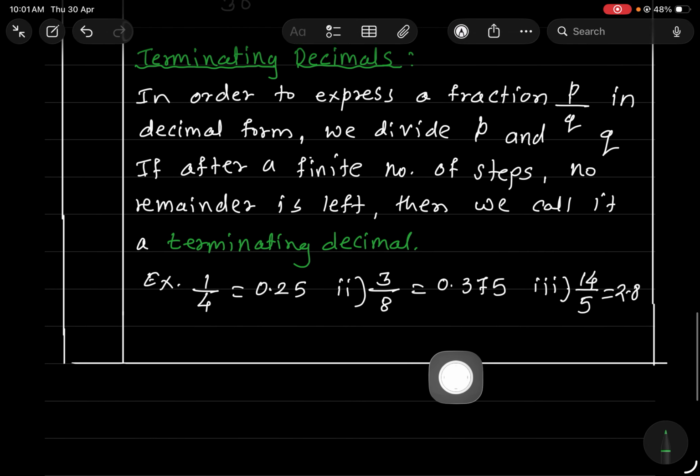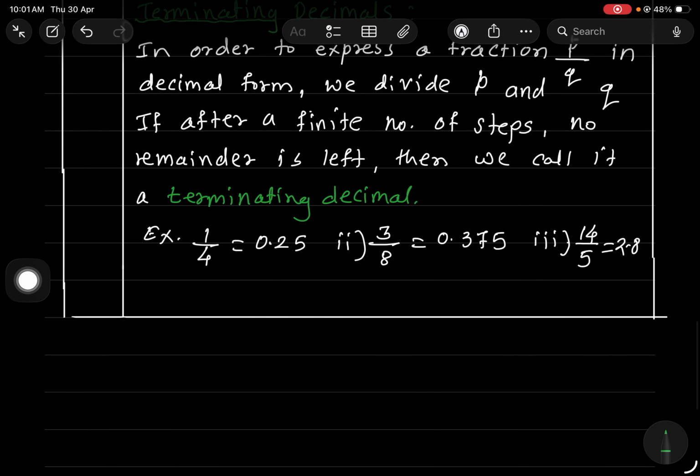Suppose your 1 upon 4. If you divide 1 by 4, 1 is not divisible by 4, so you have to put 0 and then put a decimal point and another 0.